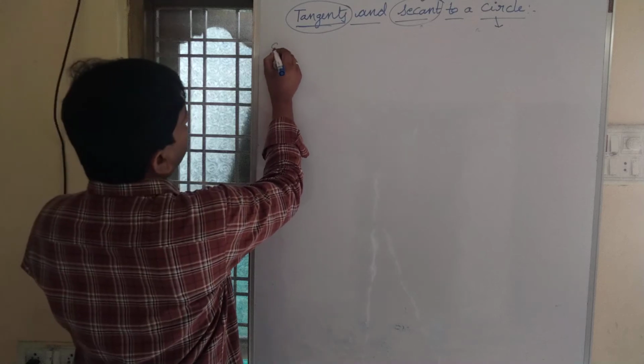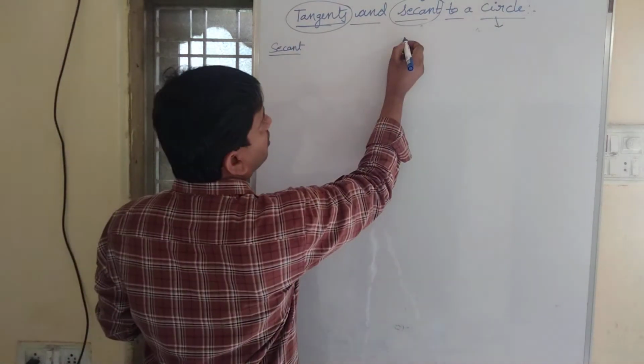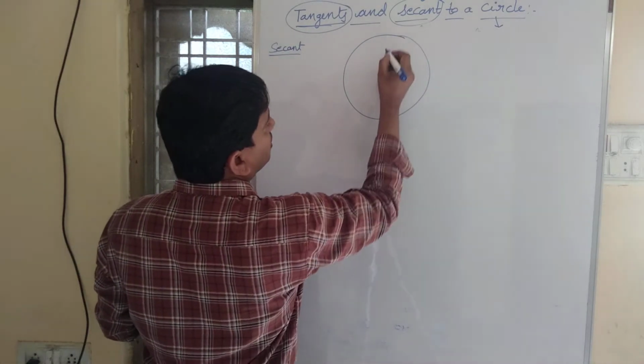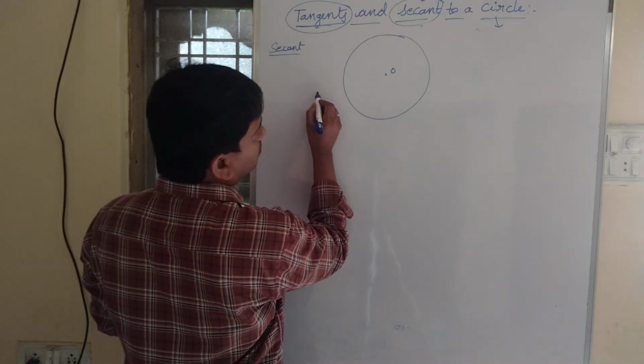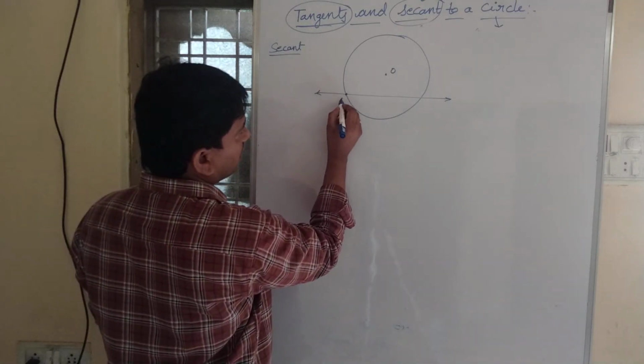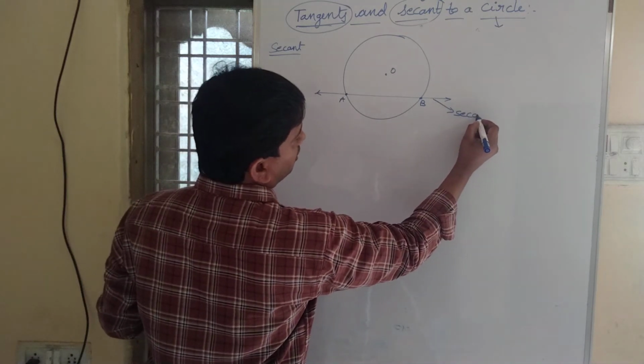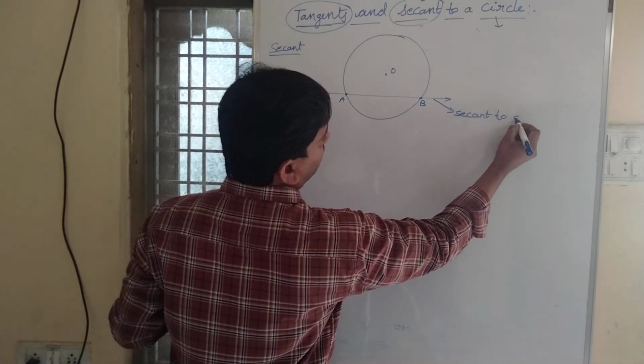As we know, this is a circle with center O, and this is a line which is intersecting the circle at two distinct points, and this is said to be a secant to a circle.